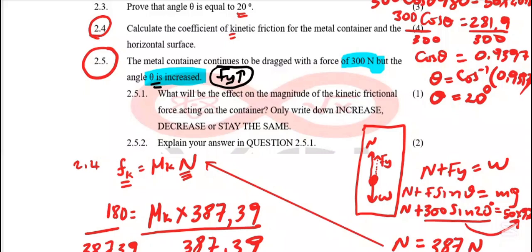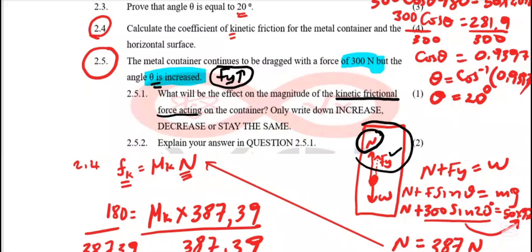Then what will happen to the frictional force? The frictional force depends on the normal force, alright? So when the angle is increased, the Fy increases. Look at this.